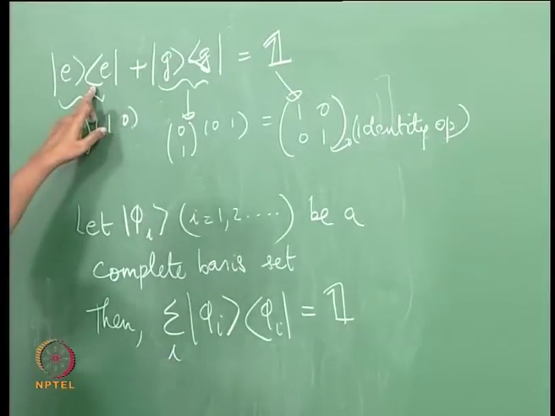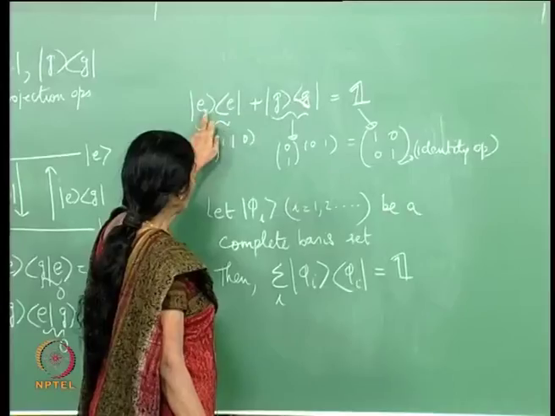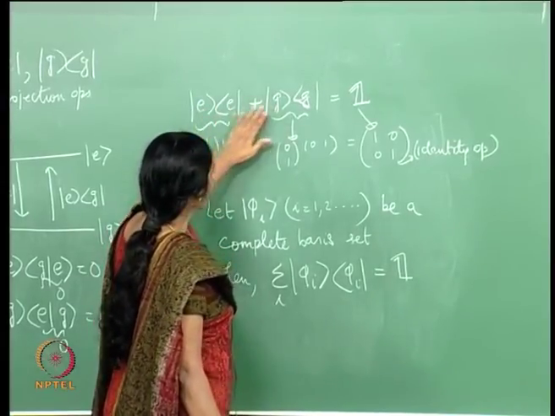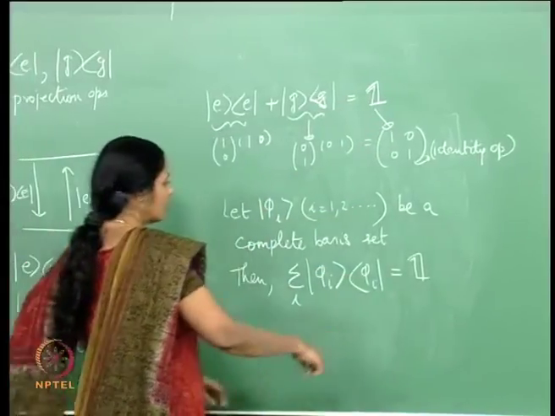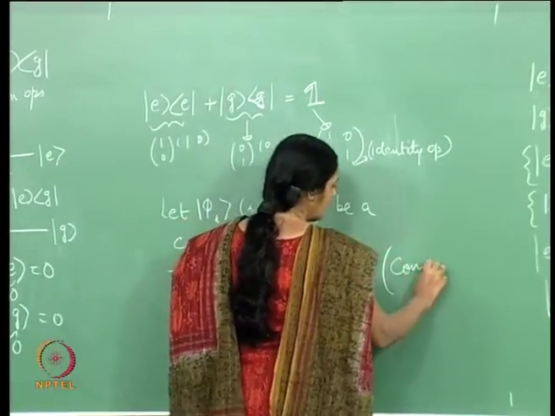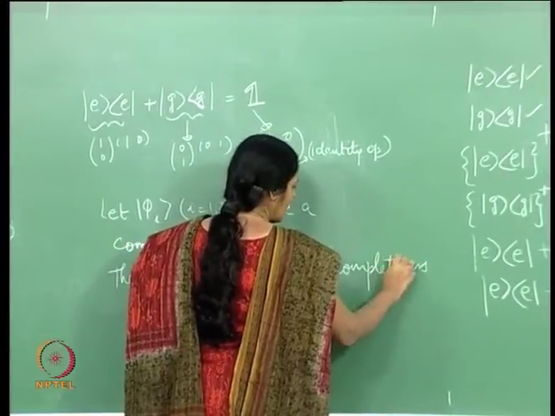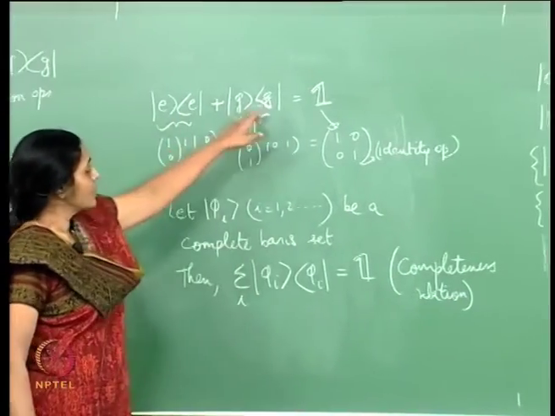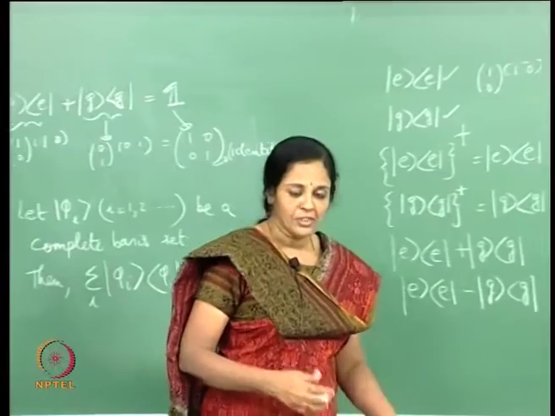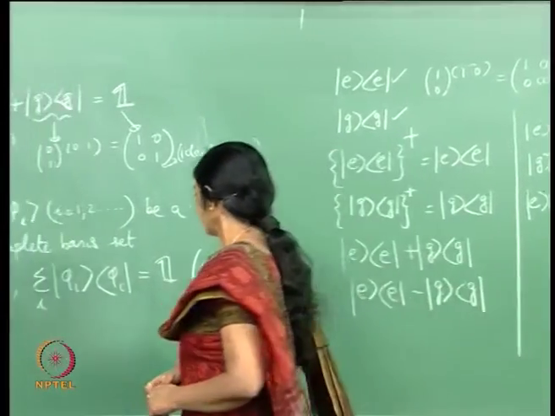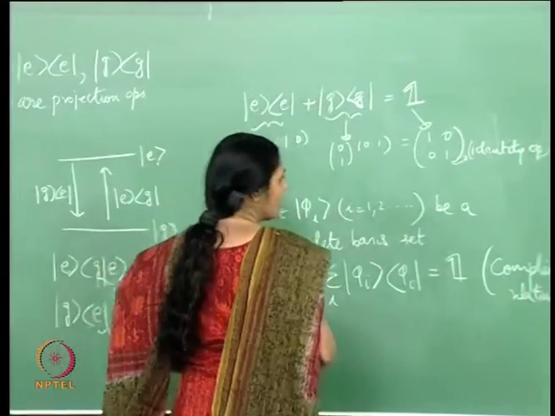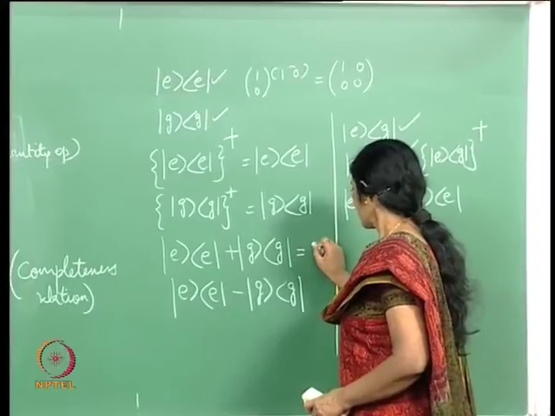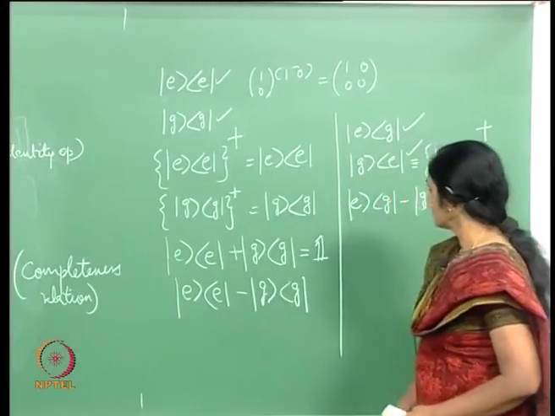And here in our problem, i simply takes values 1 and 2, φ1 being e and φ2 being g, and therefore this relationship is evident. This is called the completeness relation, and what I have demonstrated to you is the completeness relation in the context of the atomic system. Now let's proceed and see what the other operators mean. So we know what this operator is. This operator is merely the identity operator.